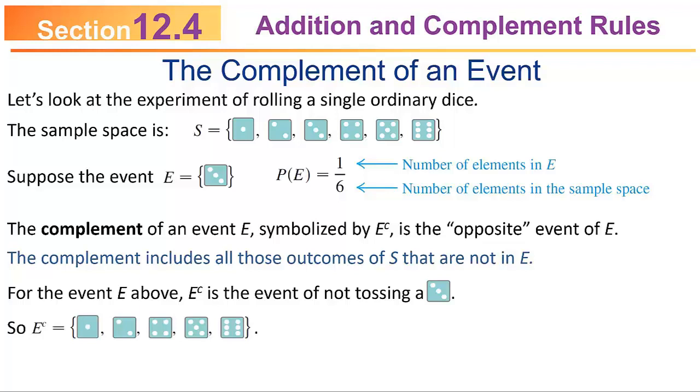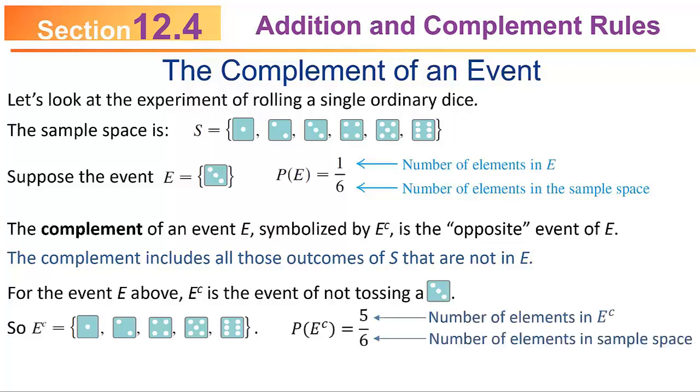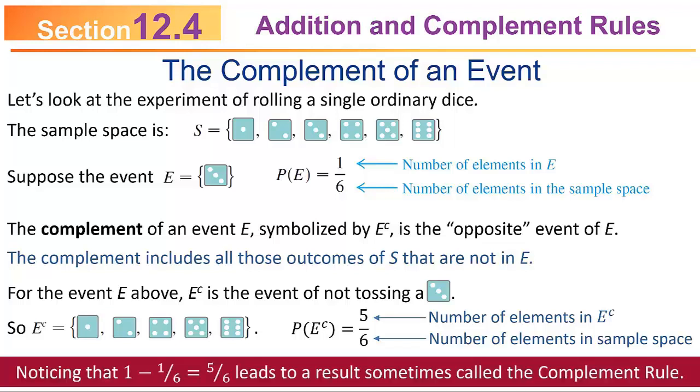So it would be 1, 2, 4, 5, or 6. So when we're talking about the complement of an event, that's what we mean. Everything but what makes up the event. There are 5 things that aren't 3s out of possible 6, so you get 5/6. And notice that the probability of getting a 3 is 1/6, and the probability of not getting a 3 is 5/6. And that's not a coincidence.